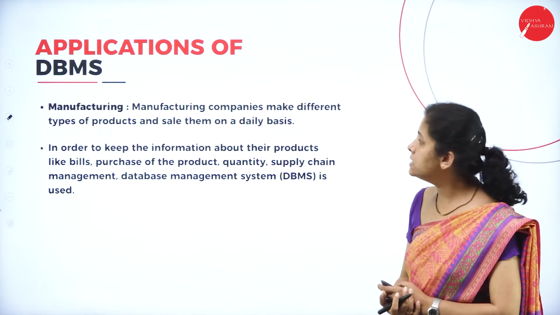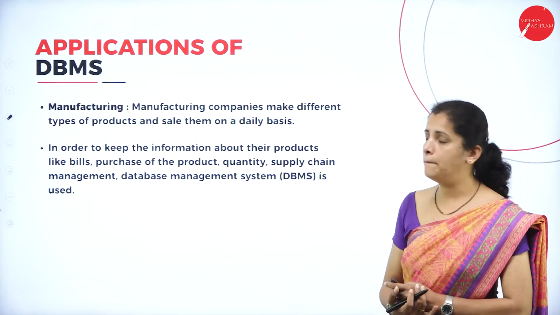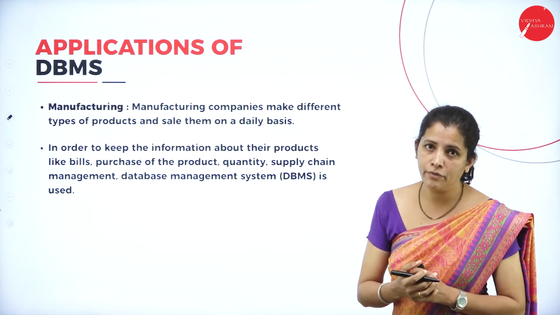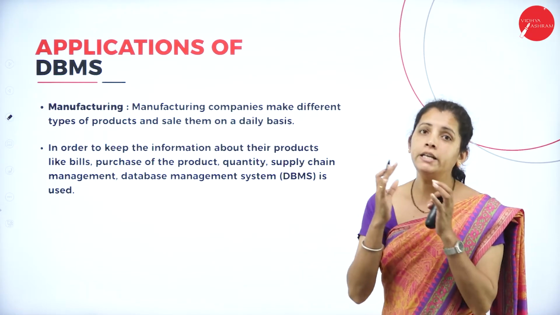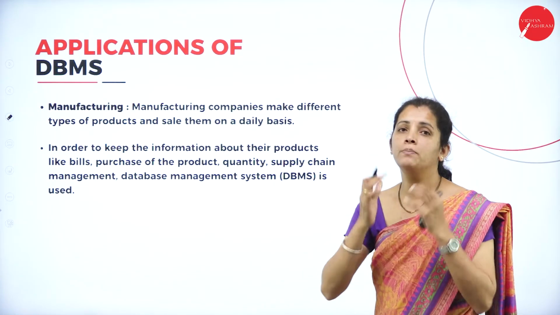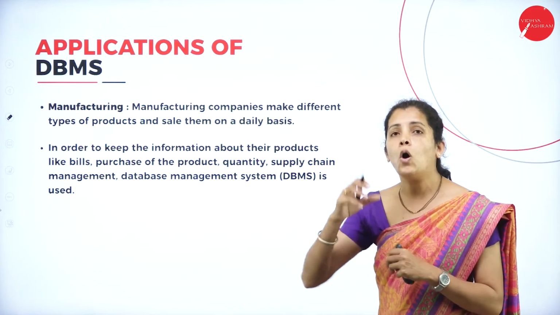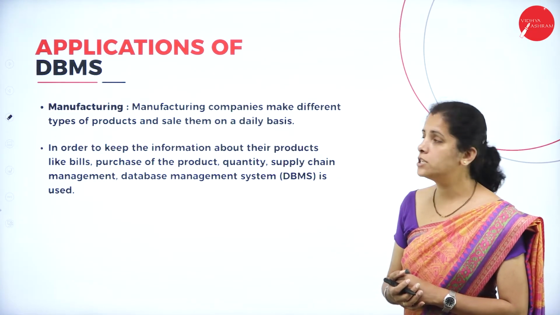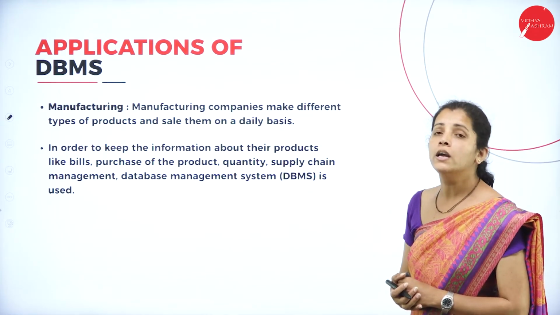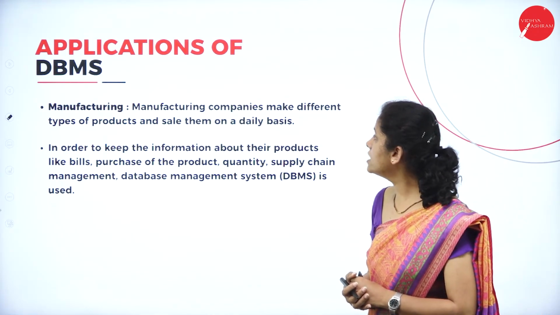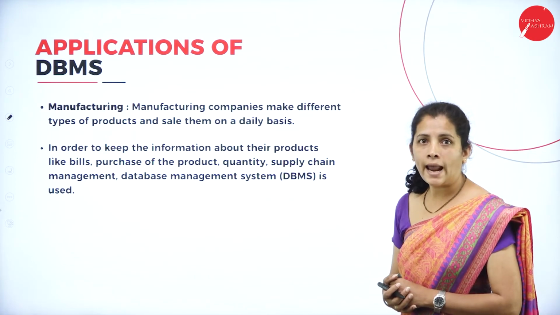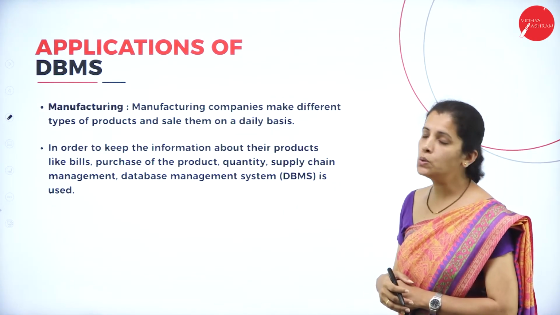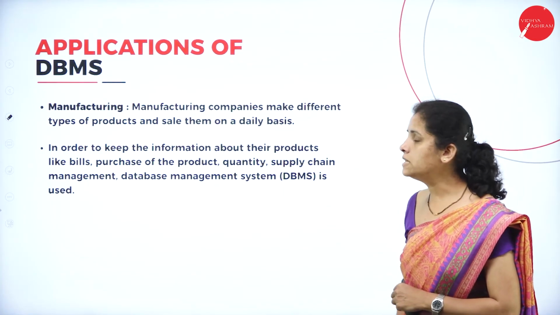Now, if I consider manufacturing companies, to keep track of all the product information, the quantity of the product, price of the product, all those things are stored under database management system. So here, if I consider manufacturing companies, to keep track of sales details, we are going to use database management system.